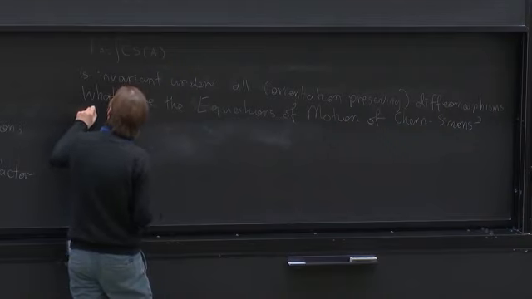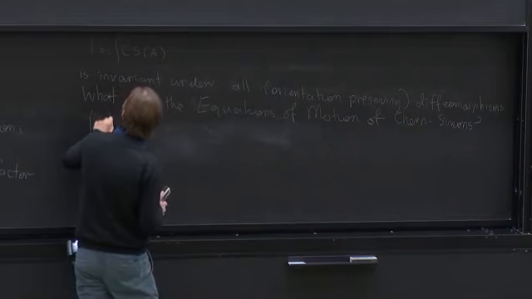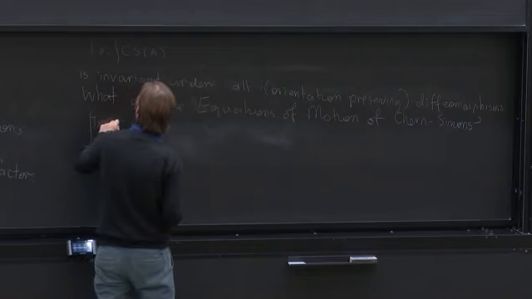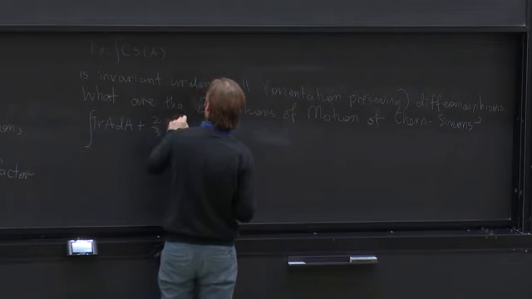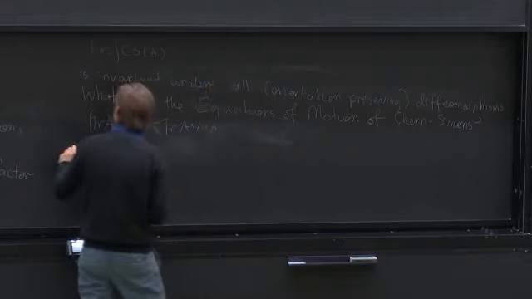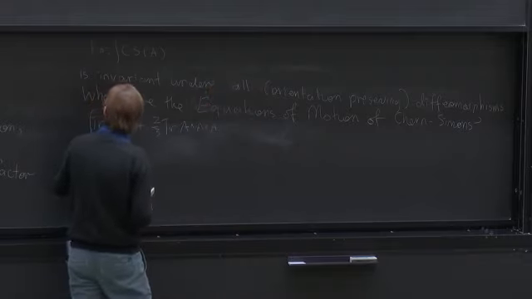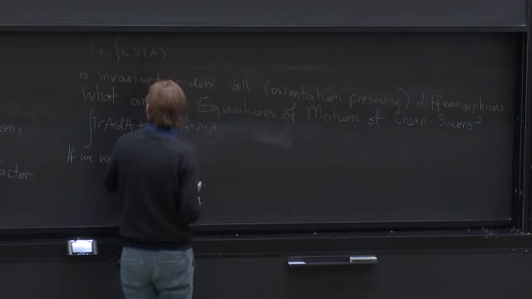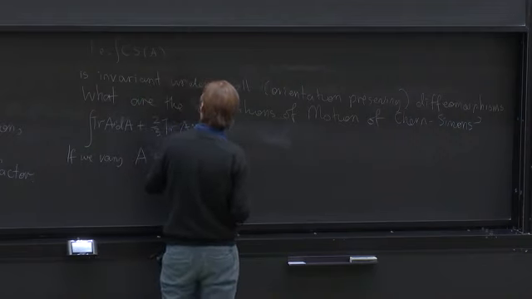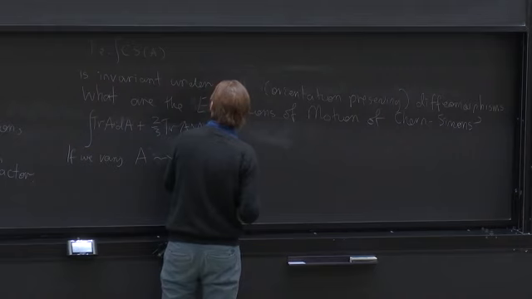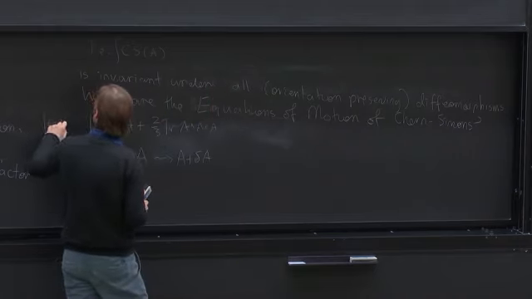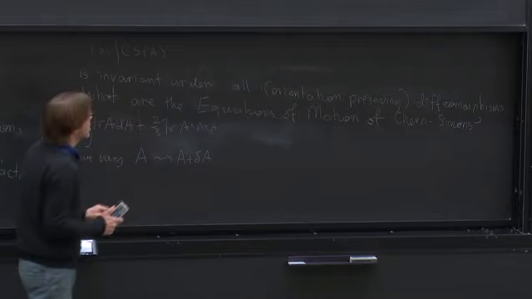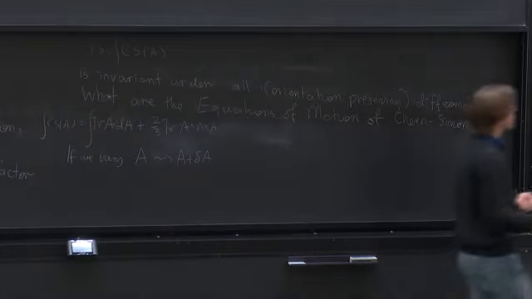The Lagrangian is trace A dA plus 2/3 trace A wedge A wedge A. Now suppose we vary A to A plus delta A. Then we can ask what's the corresponding variation of the Chern-Simons Lagrangian.